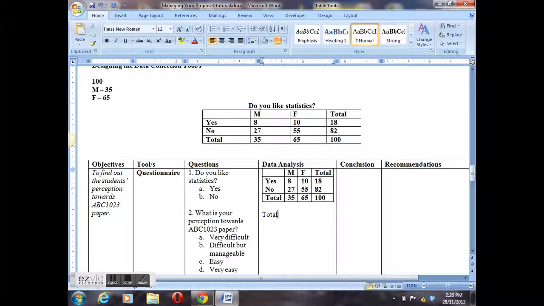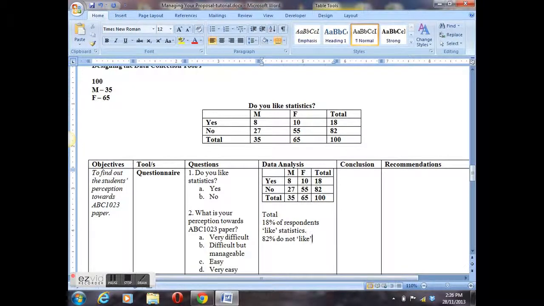So we can have the overall result for this data: 18 out of 100, meaning 18% of respondents like statistics, and 82% do not like.